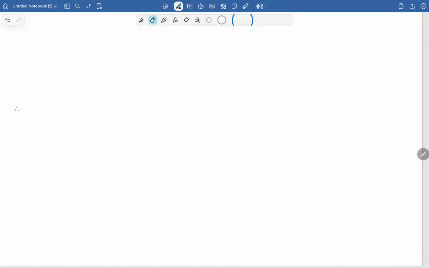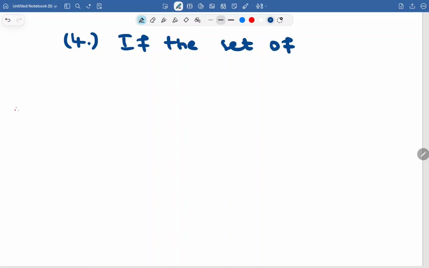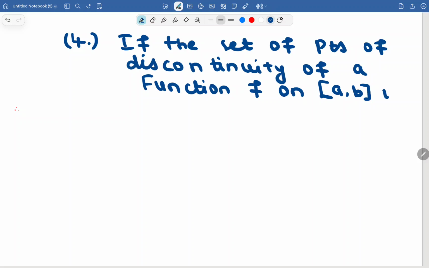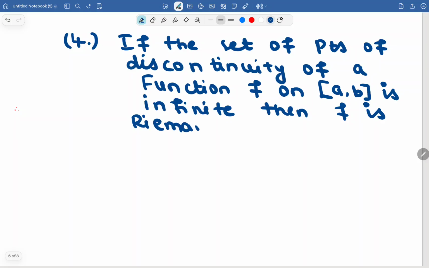Fourth option, if the set of points of discontinuity of a function f on a comma b is infinite, then f is Riemann integrable.